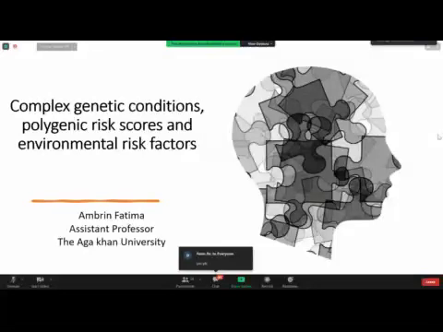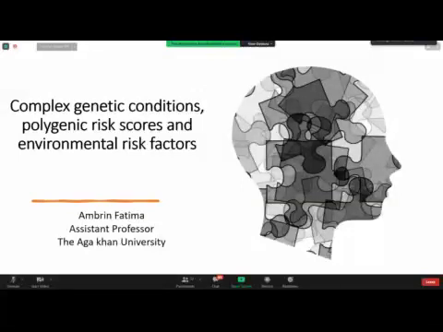In our previous lectures, we have talked about patterns of inheritance, types of genetic diseases, and then diagnosis of genetic diseases. When we talk about the types of genetic diseases, we broadly talk about 3 types: chromosomal, rare Mendelian or monogenic disorders, and then the third one was complex disorders.